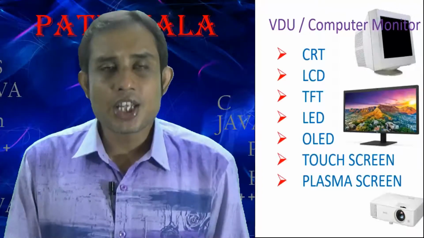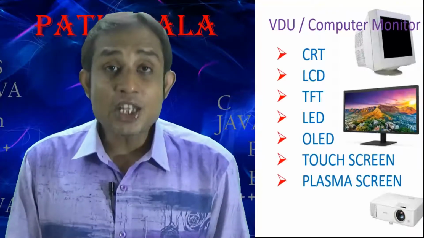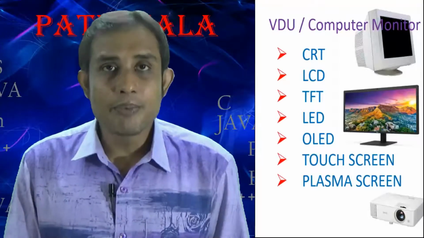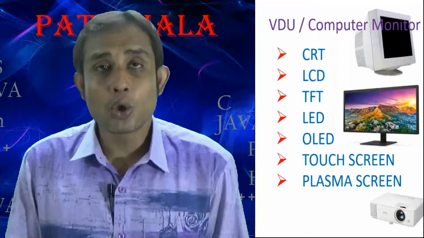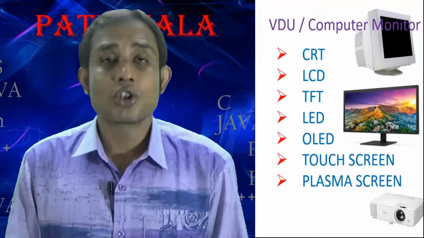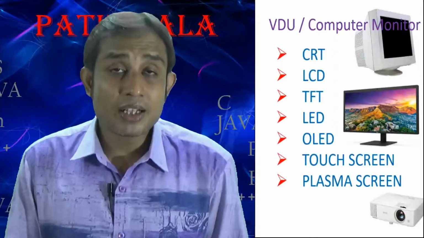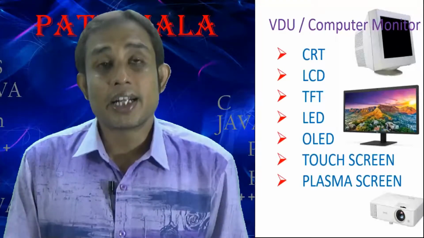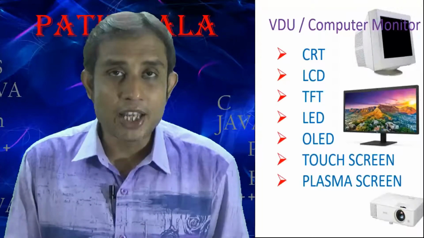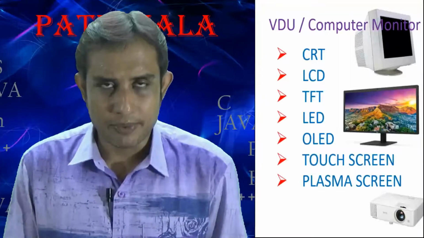This tube consists of millions of tiny red, green, blue dots of phosphorus, and they glow when the electrons strike these dots, and the desired output or image is generated on the computer screen.